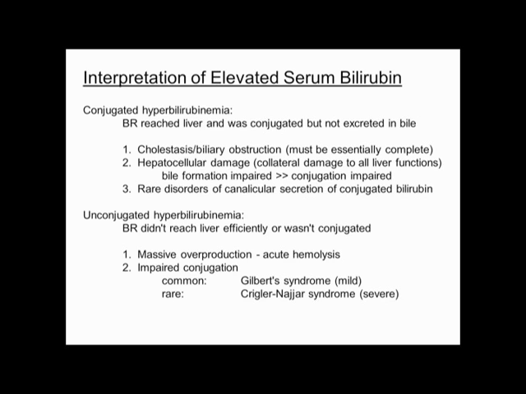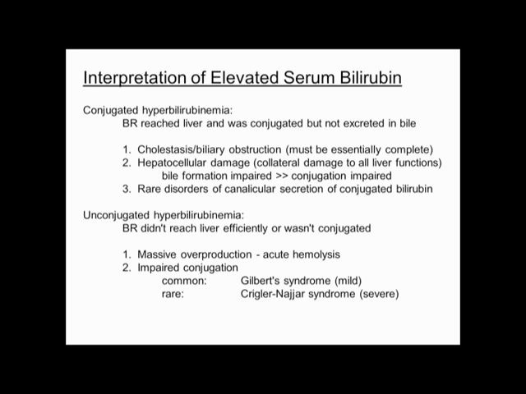So the interpretation of elevated serum bilirubin is that if it's conjugated, bilirubin reached the liver, it got conjugated, it didn't get excreted. So you either have a problem in bile flow, or you have the liver not working well, or a combination, and there's these rare genetic disorders or drug-induced disorders that can't let go of secretion.